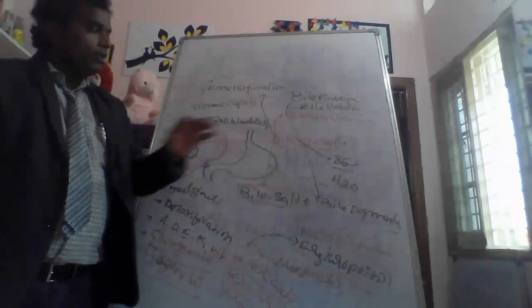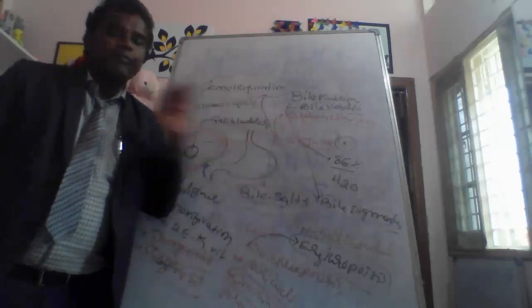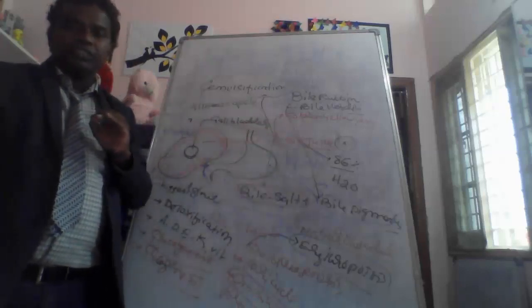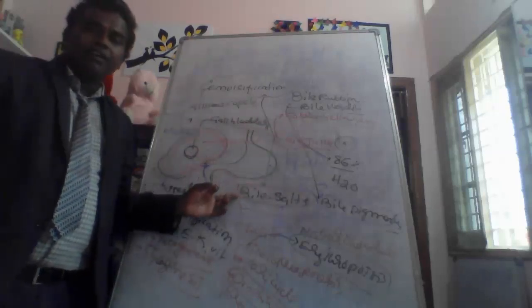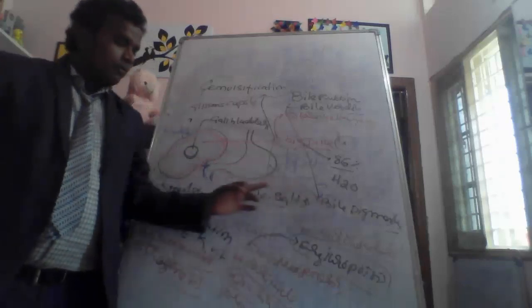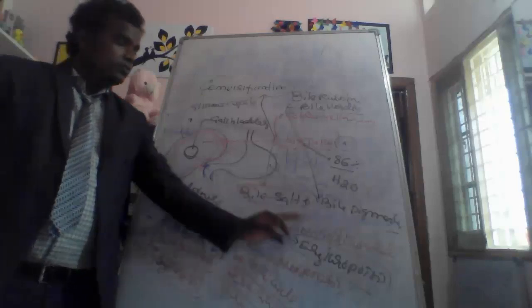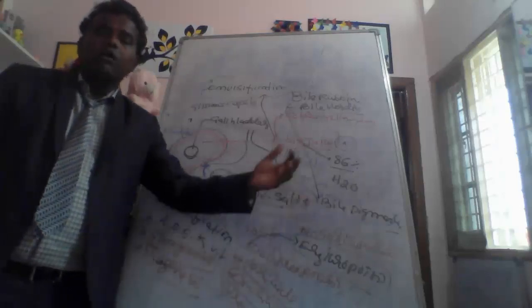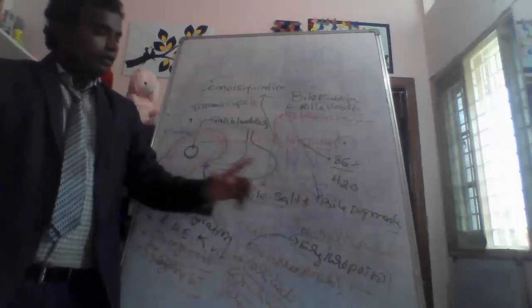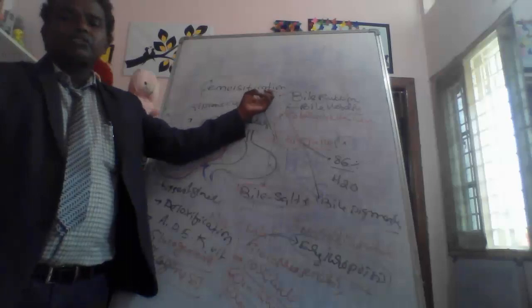Now, bile juice contains two types of parts. Number 1, bile salts. Number 2, bile pigments. Bile salts are sodium cholate, sodium taurocholate or deoxycholate. Next, what are the bile pigments?